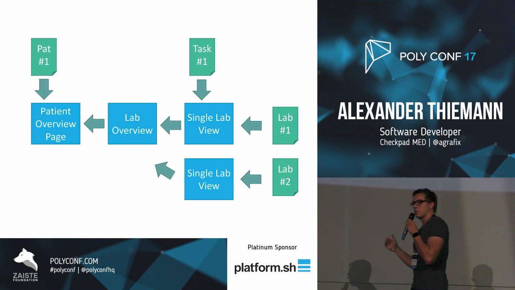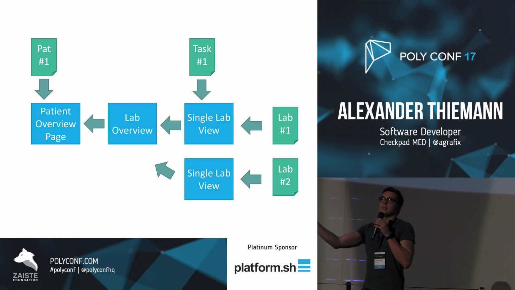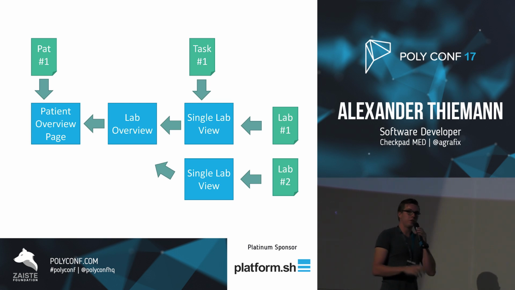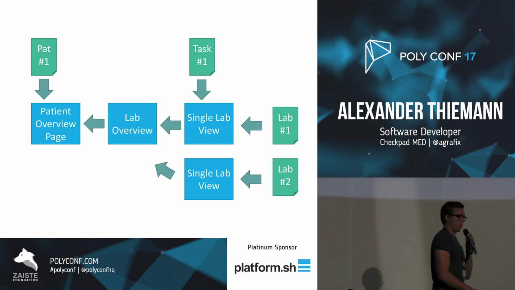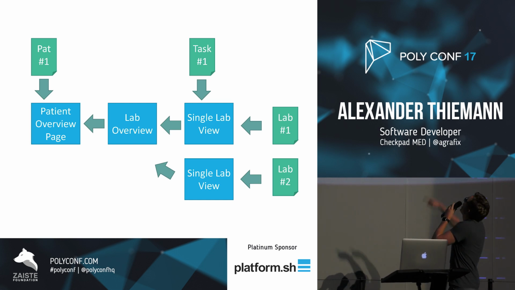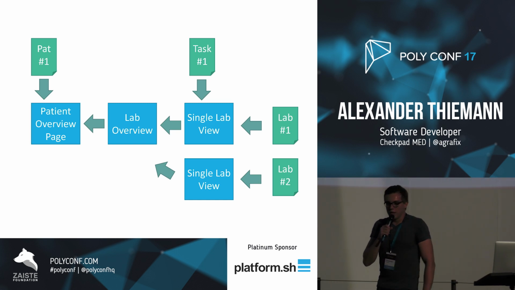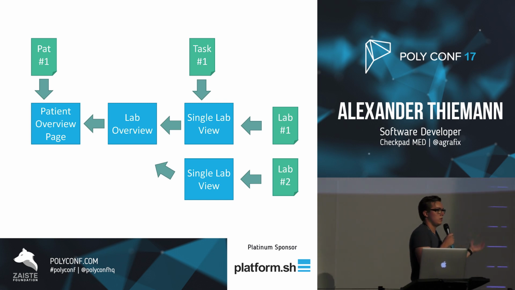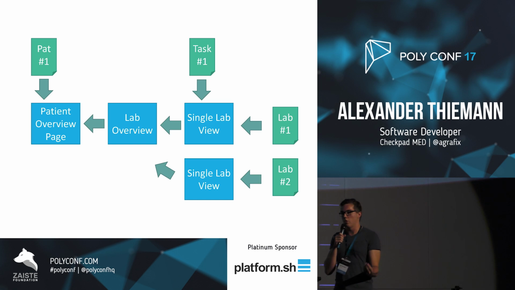So to make sure that we can generate new objects that are synchronized to our end devices, we need to listen to these changes and then reflect them in the next step of our pipeline. Right. So, for example, here we have two lab values on the left-hand side, and they will be used to generate a single lab view. You can imagine an HTML page that just displays all the values in a tabular way.